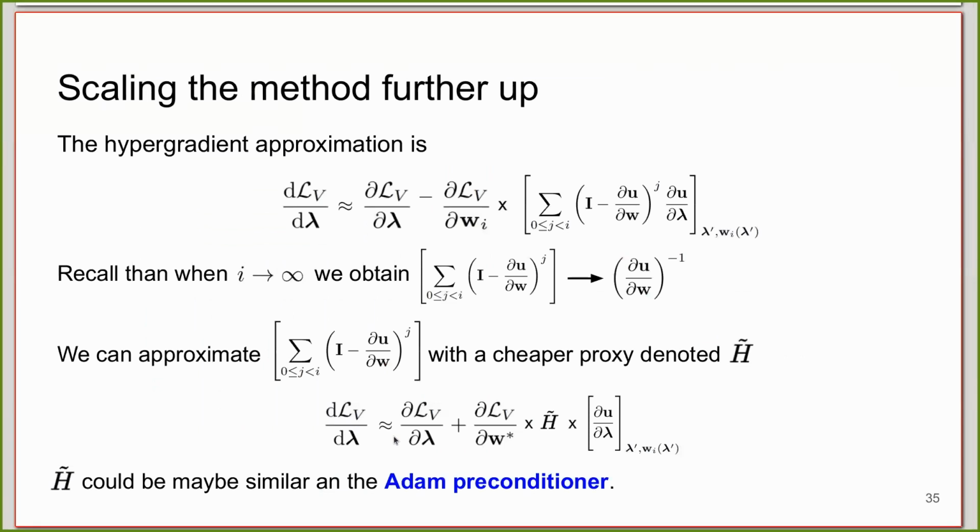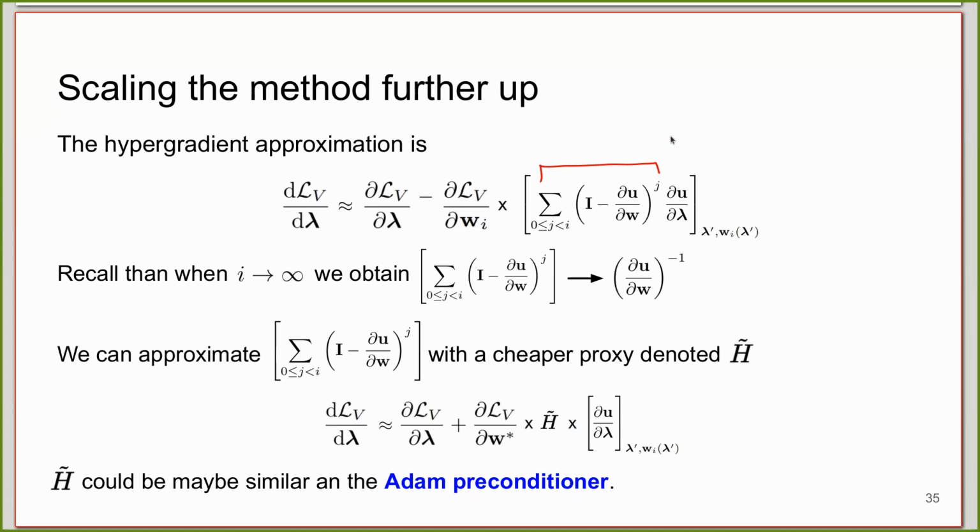Maybe to conclude, could you scale this up? These are some random thoughts that I had on potential future work in these directions. We have this truncated Neumann series approximation to the Hessian. It would be this thing here. And this can still be expensive, especially if you have very big models, and maybe you want to do something faster.